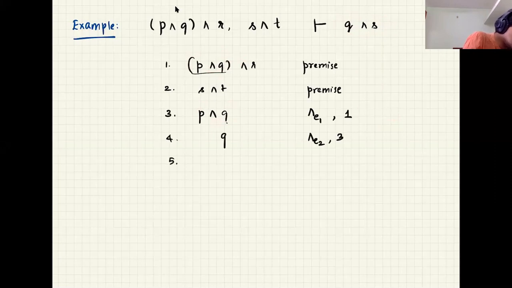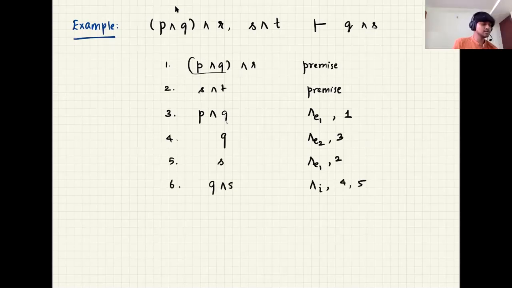Now to get S, I apply AND elimination to 2. And then finally, I get Q and S by applying AND introduction to 4 and 5. So this is the proof for this sequent.